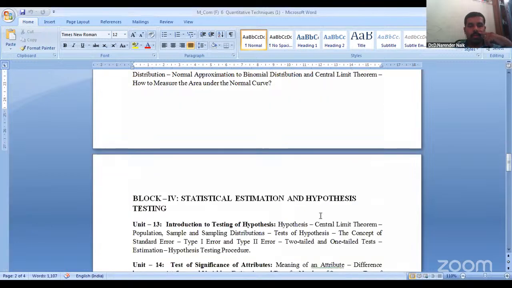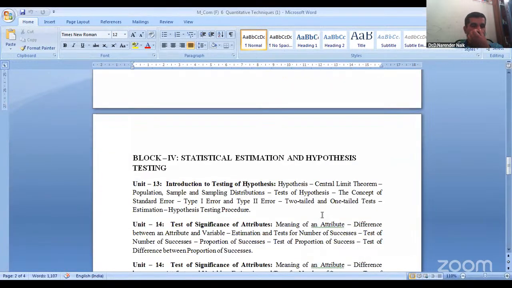Right. The next one is block number 4: statistical estimation and hypothesis testing. This is a big and interesting chapter.